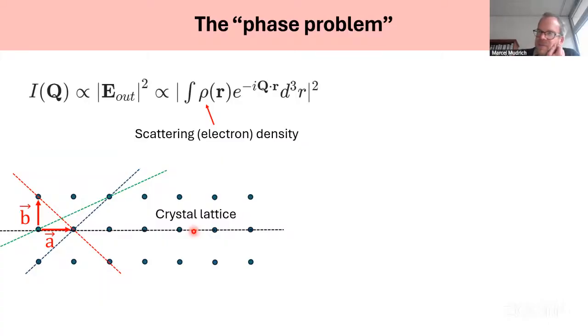Maybe somebody knows what the Fourier transform of such a function would be, or any wild guess. What's the Fourier transform of a Dirac delta comb? Any ideas?